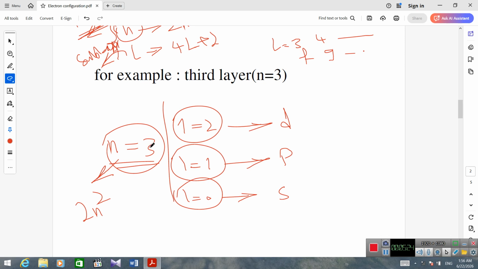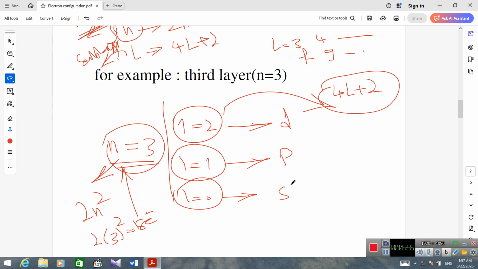If n is equal to 3, then 2 times 3 squared, 2 times 9, is 18 electrons we must have in this layer. For the sublayers, the formula was 4l plus 2. Based on the formula, for s we can have a maximum of 2 electrons because l is 0, and the answer will be 2.